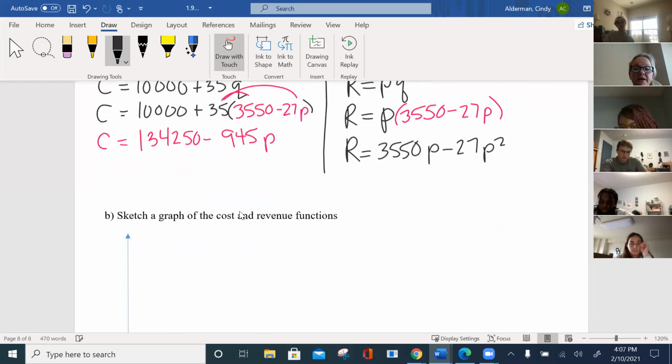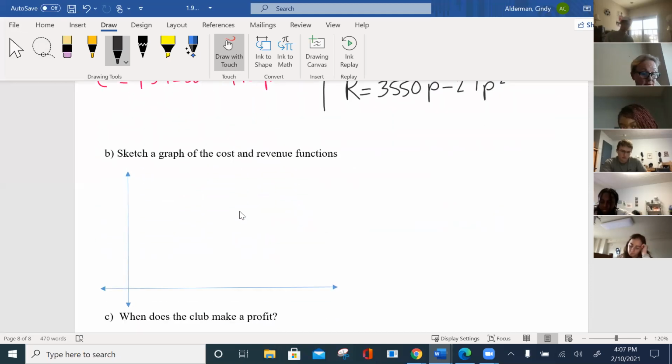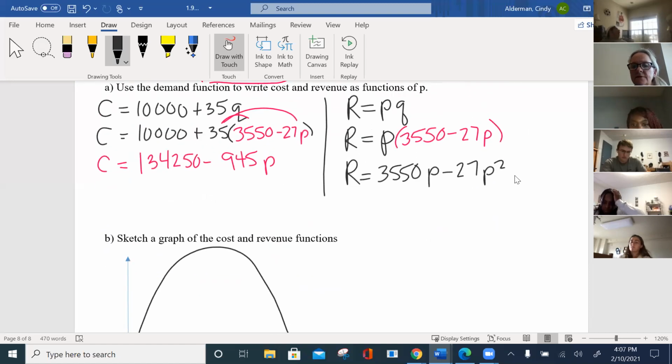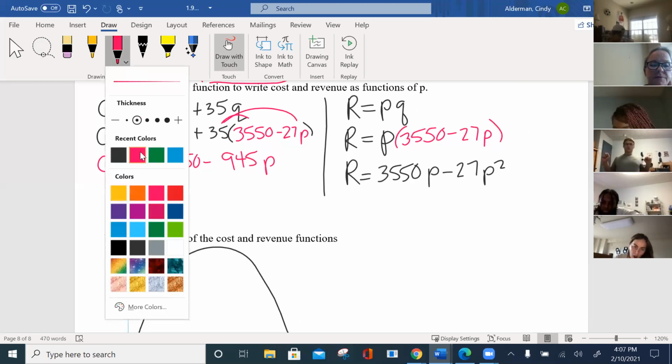Okay, so if we sketch a graph of this, the revenue function would look like a parabola, which makes sense, right? Because this is an upside down parabola, and it's a quadratic. This is linear. Okay, so the cost function, I'm going to make the cost function pink here.